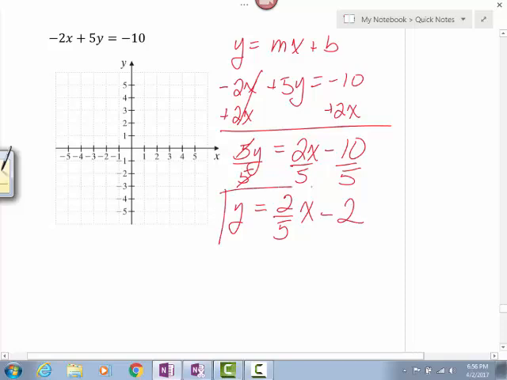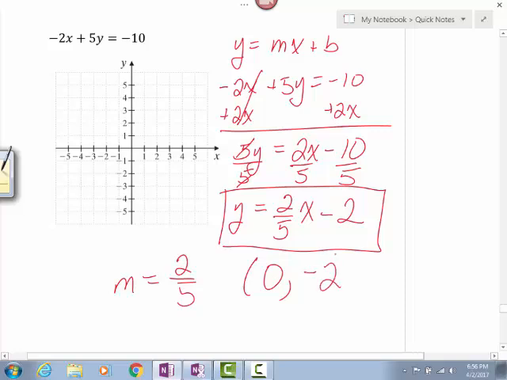10 2 times. Okay, so for my problem here, my m is a positive 2 over 5. My y-intercept is 0, negative 2. This is my first point. So there's my y-axis. 0, negative 2 would be down here at the bottom at 2.